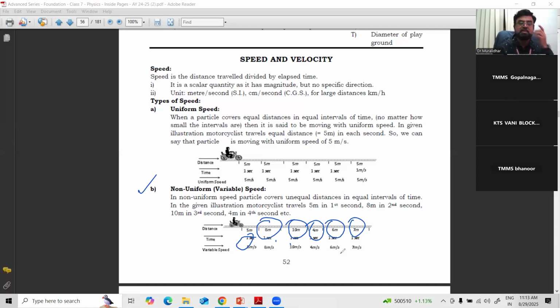That indicates that it is non-uniform or variable speed. Speed is varying, varying means changing. A body that covers unequal distances in equal intervals of time, or equal distances in unequal intervals of time, is said to have non-uniform or variable speed.